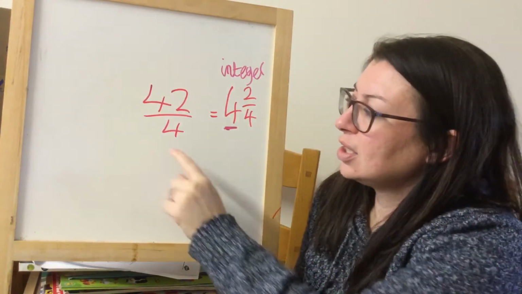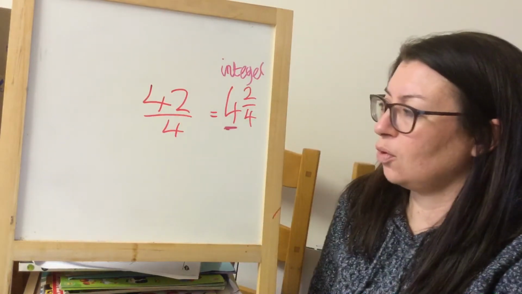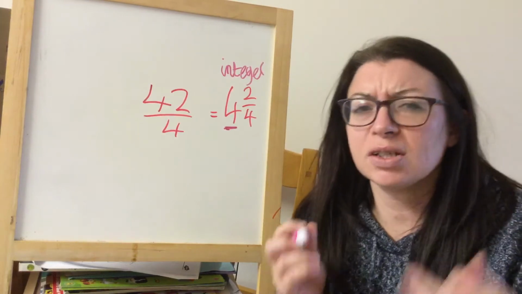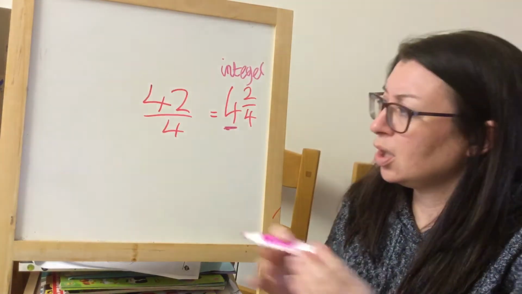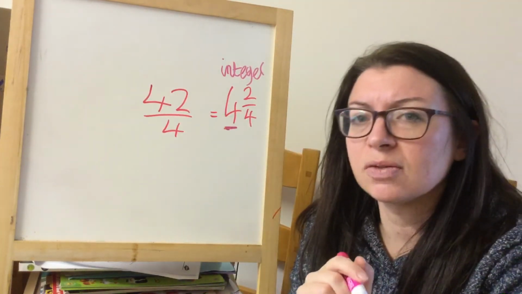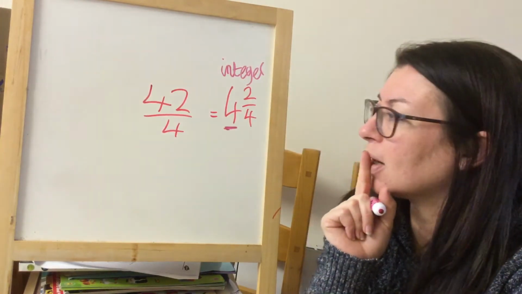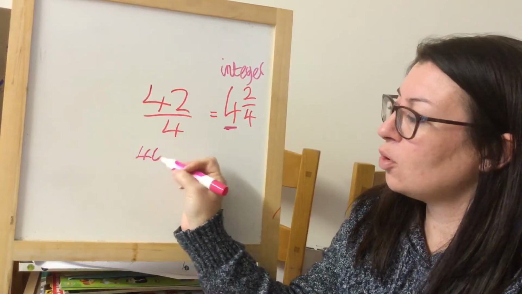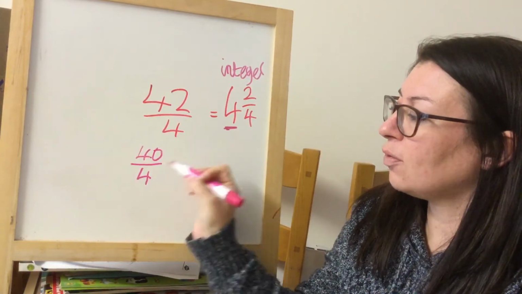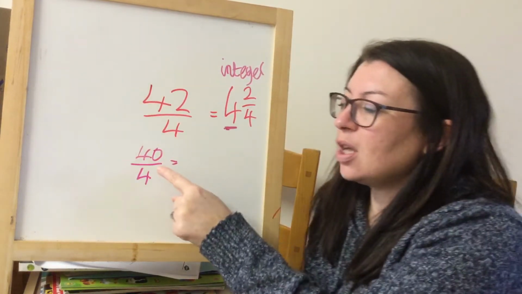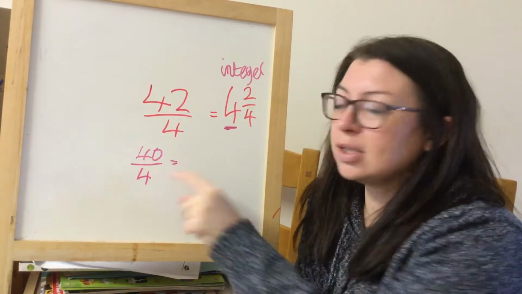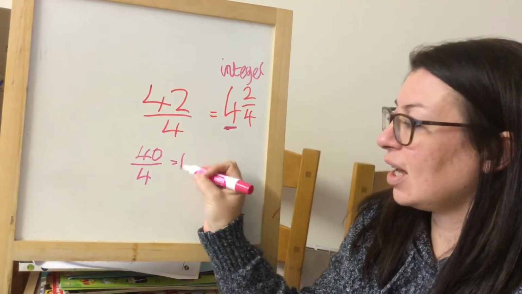So this means 42 over 4, sorry. So if you have 42, let's start thinking about our times tables. Now, 42 isn't in the 4 times table, so that doesn't quite work. But 40 is. So if we had 40 over 4, think of this line as meaning divided by. 40 divided by 4 is 10.